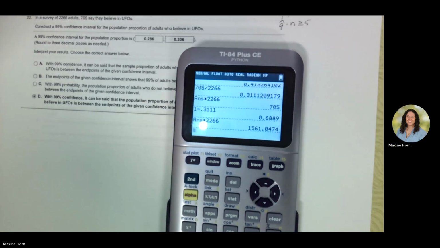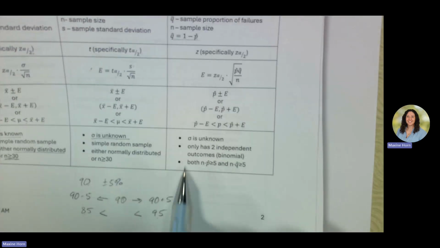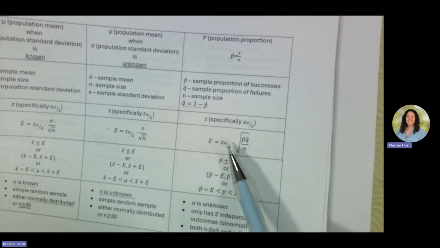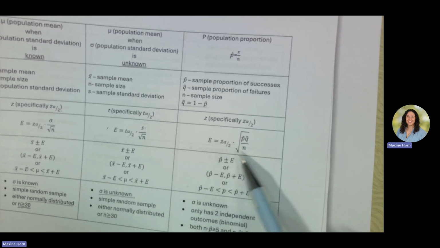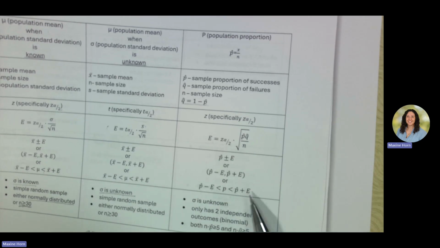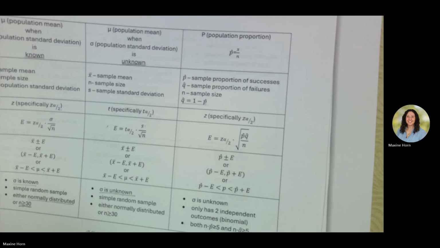Yeah, we're good. All right, so we have met the requirements, right? You always need to make sure that you've met the requirements, okay? We're going to find our Z alpha halves so that we can plug it into our error formula, so that we can plug our error in to both add and subtract from our sample proportion to create our interval, okay?